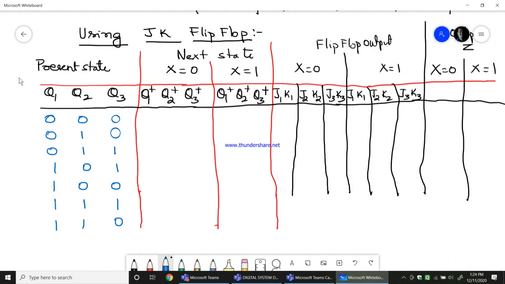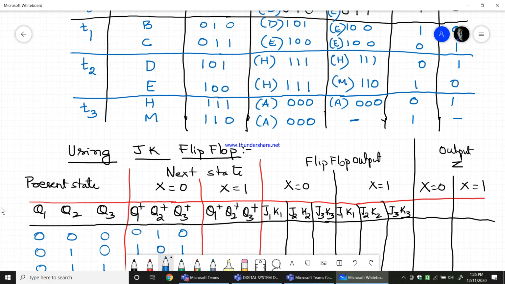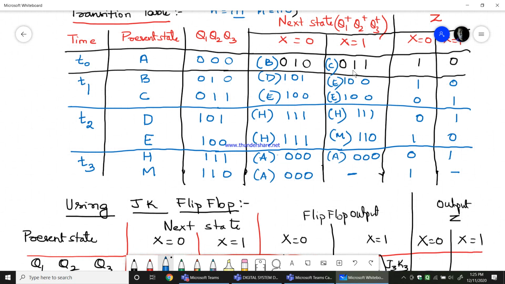So when x equals 0, it is 0, 1, 0, 1, 0, 1, 1, 0, 0, then 1, 1, 1, 1, 1, 1 again, 0, 0, then 0, 0. So when x equals 1, you write the next bit sequences, this one.